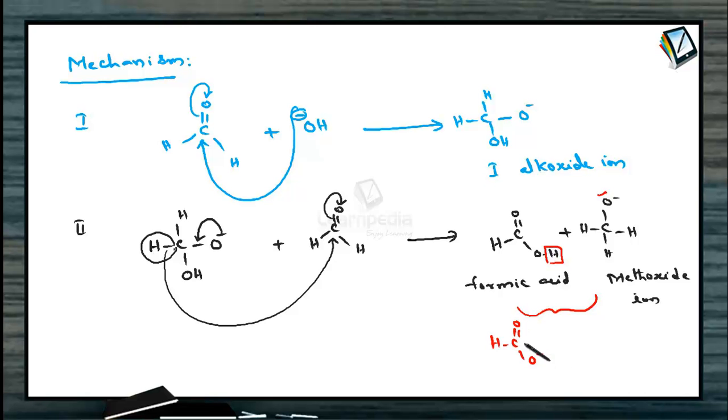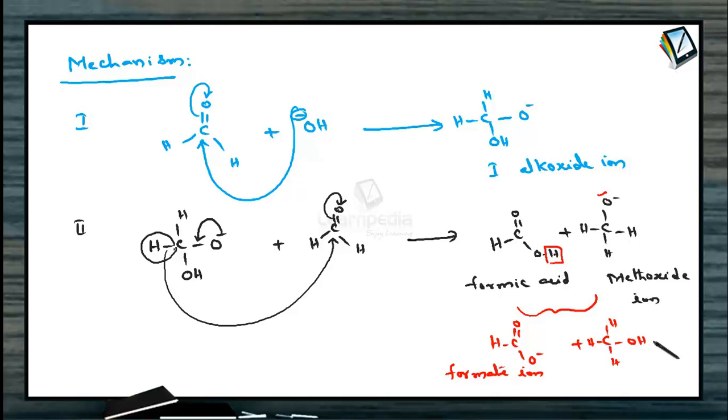In this case, it is the formate ion. As we know, formate ion is more stable than the corresponding formic acid. So it becomes formate ion, which will combine with Na⁺ of the sodium to give sodium formate. And meanwhile, this becomes methyl alcohol, CH3OH.